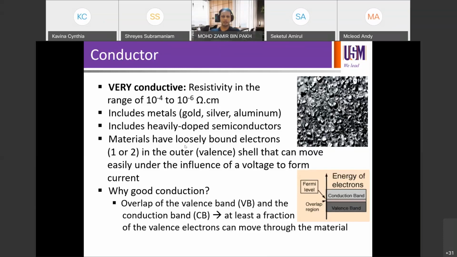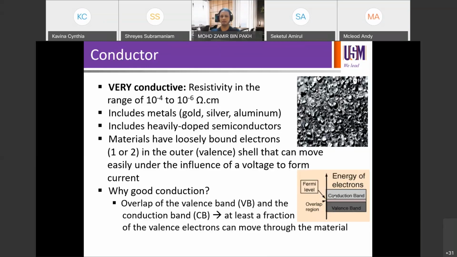So materials in this case have loosely bound electrons, 1 or 2 in the outer shell, that can move freely under the influence of voltage or current, or actually in the natural state, they already have a conduction. So why good conduction? If you look at the energy band here on the right hand side, you can see we have overlap of region between valence band and conduction band.